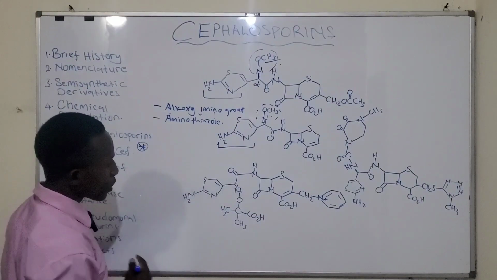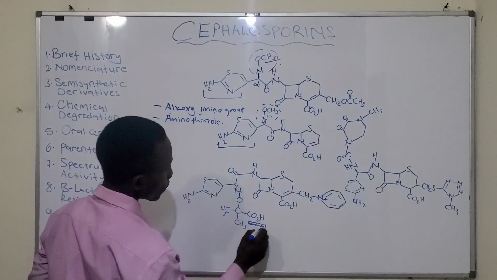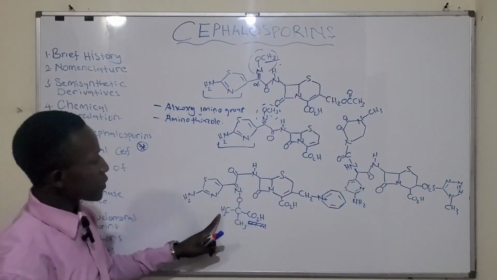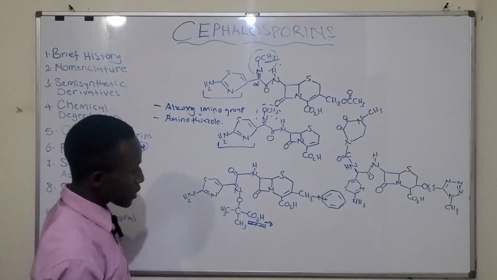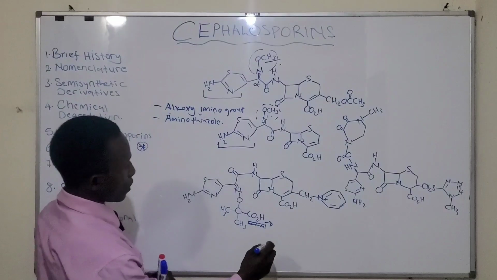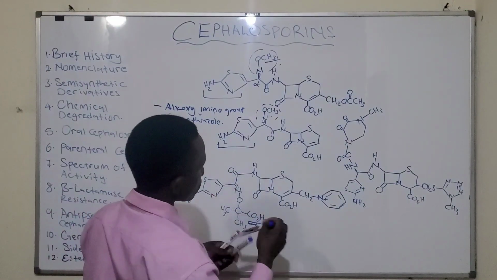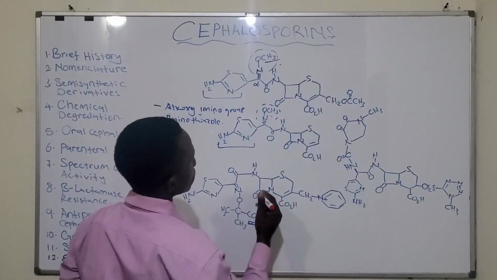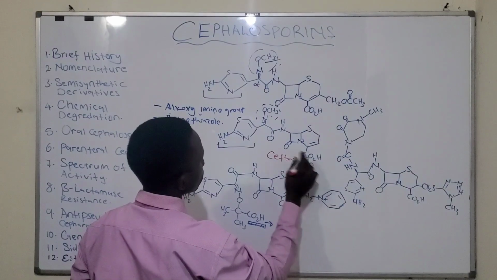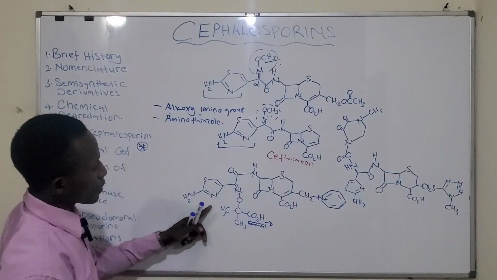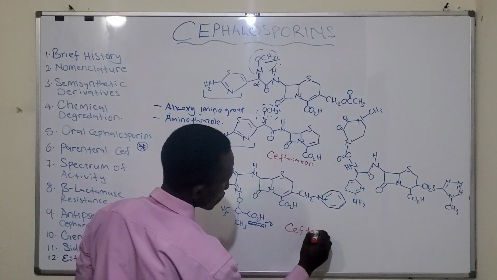Then this anti-Pseudomonas activity is increased by the presence of the polar group. For example, this one has the carboxyl group. So this one has the most anti-Pseudomonas activity. Okay, this one is ceftriaxone. This one is ceftazidime.